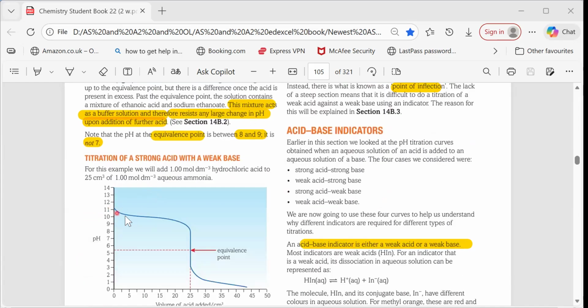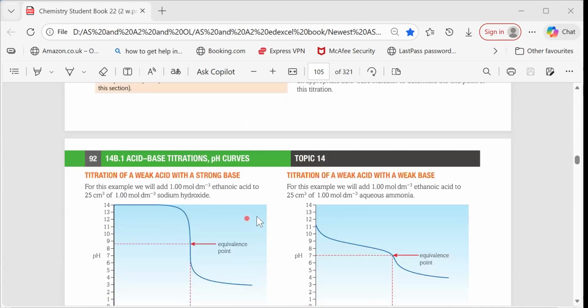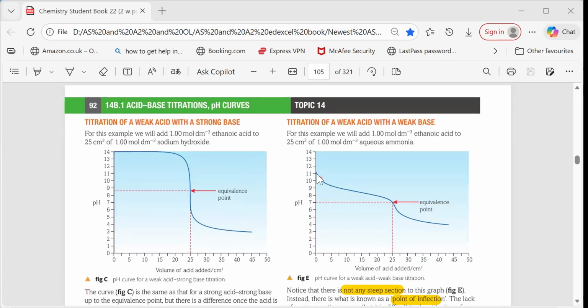Here, there will be a drop before we reach the buffer region. Okay? If we have weak against weak, then we start with the pH of the weak base, for example. We draw the drop and then the gradual change. But here, there will be no vertical line because both are weak. We draw just an inflection point like this and then go to the other side.